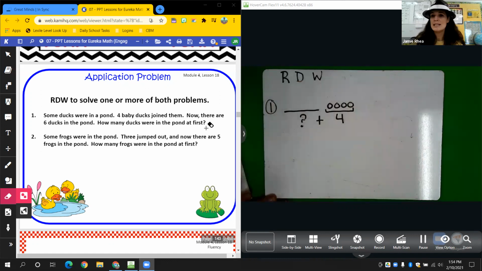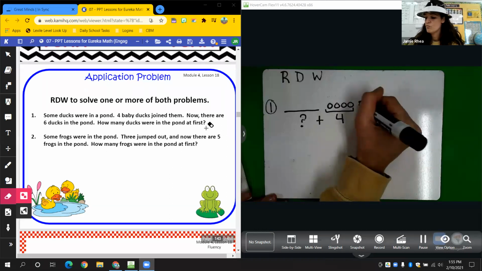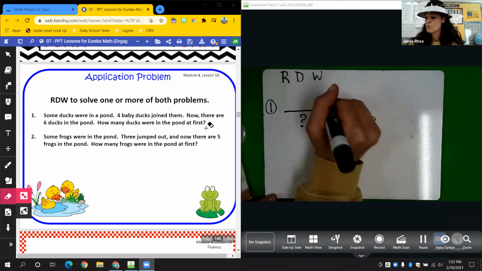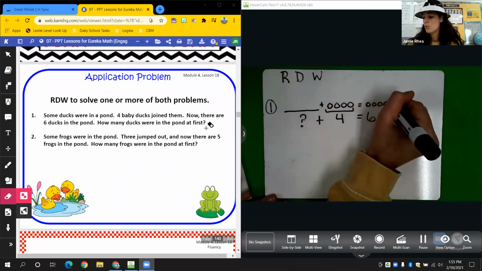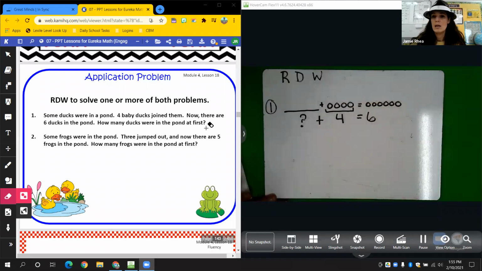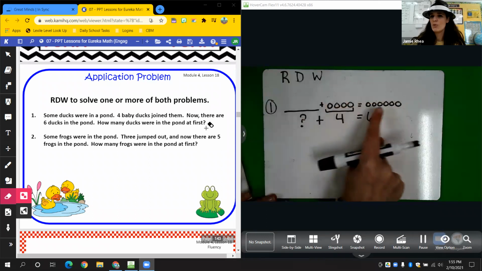Now there are 6 ducks in the pond. So let's do this. 2, 3, 4, 5, 6. How many ducks were in the pond at first? So now let's look. We need to figure out how many ducks were here first. We added 4 and got 6.